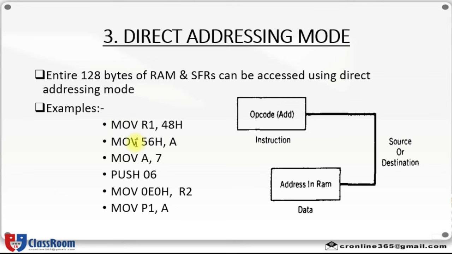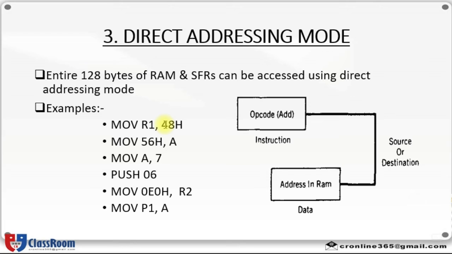For example, move R1, 48H. This 48H means an address in RAM location. This address in RAM location will be carrying data. That data is transferred to or copied into register R1.